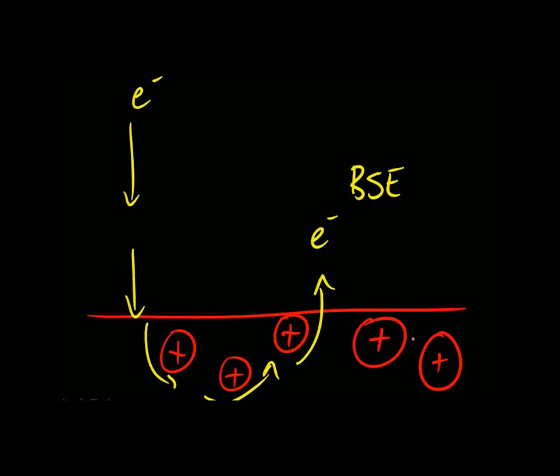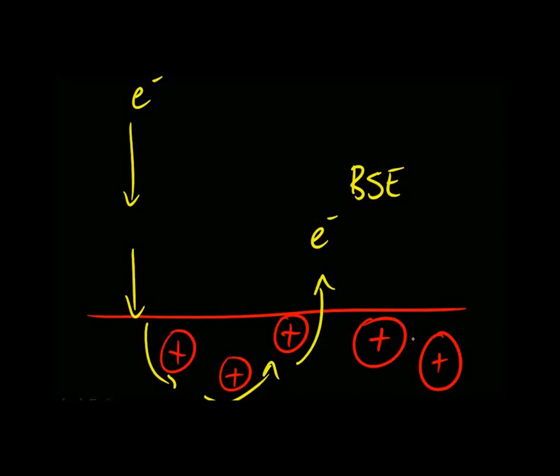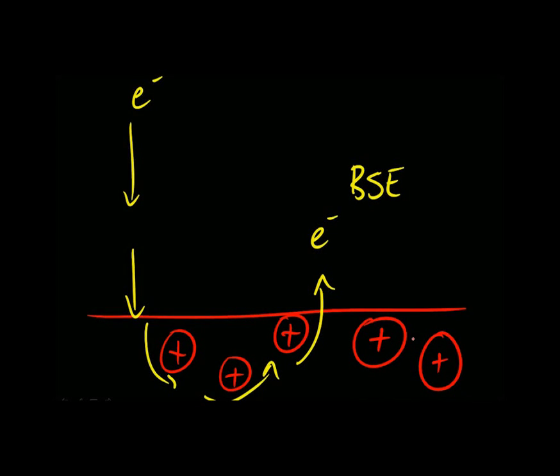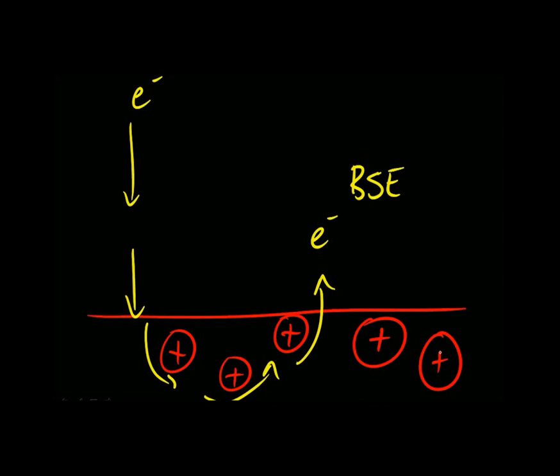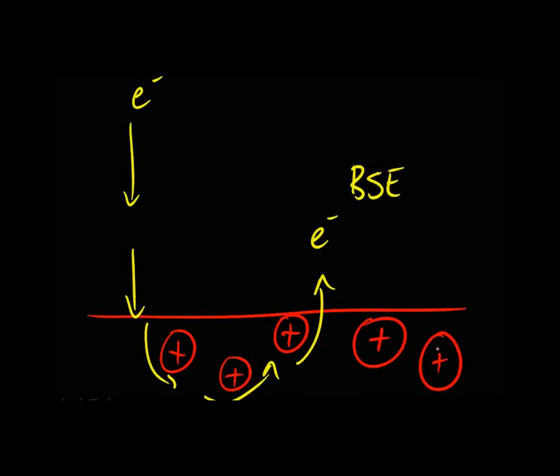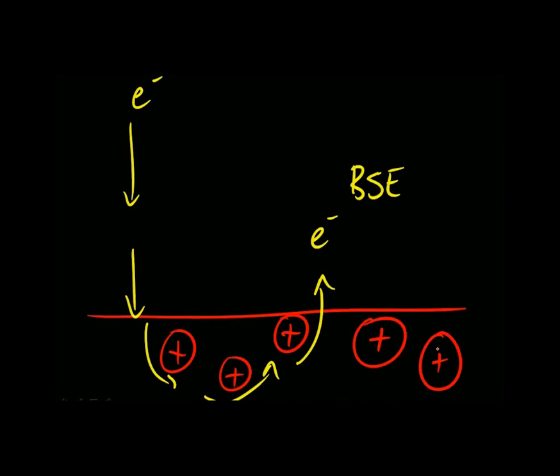So this provides some type of compositional contrast for us, because if you're detecting backscattered electrons, what you'll see is more backscattered electrons come from elements with greater atomic number. So in other words, if you were looking at an SEM image of backscattered electrons and you saw bright areas, those would tend to be heavier elements, and darker areas would tend to be lighter elements, or elements with lower atomic masses.